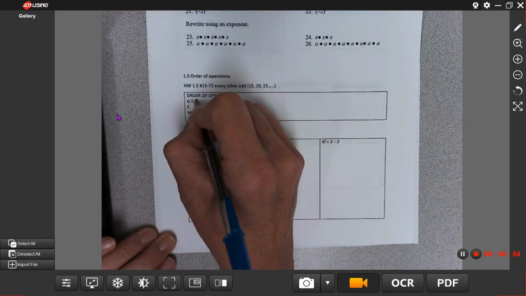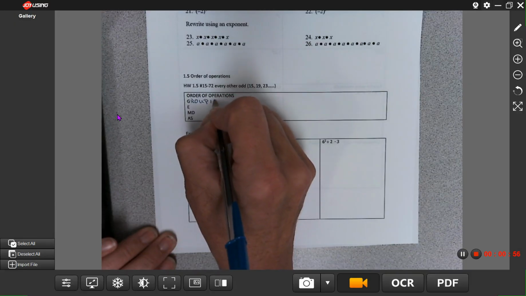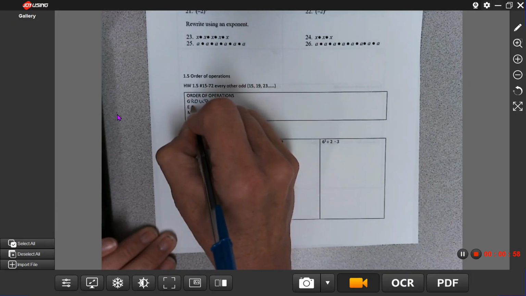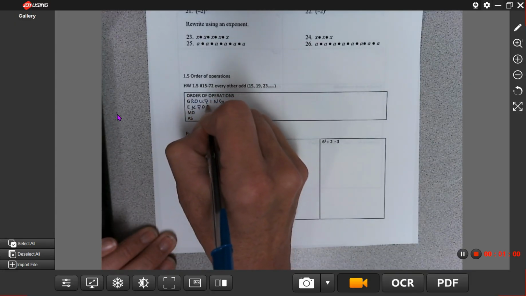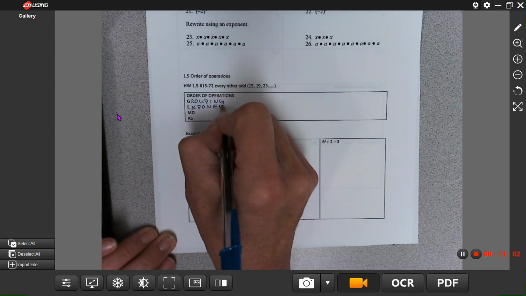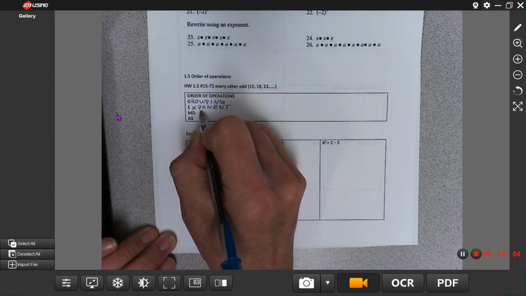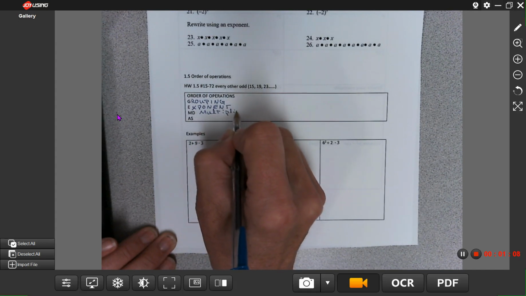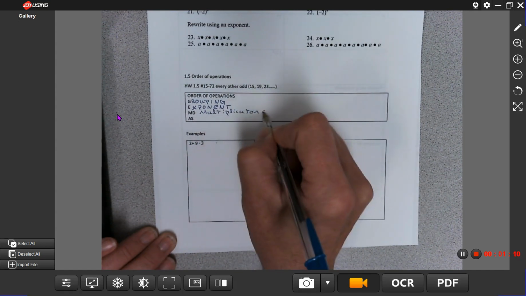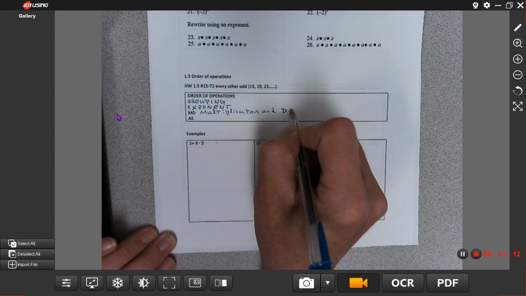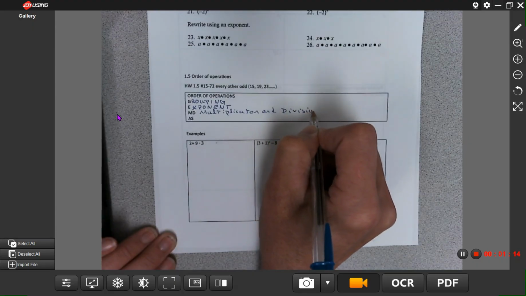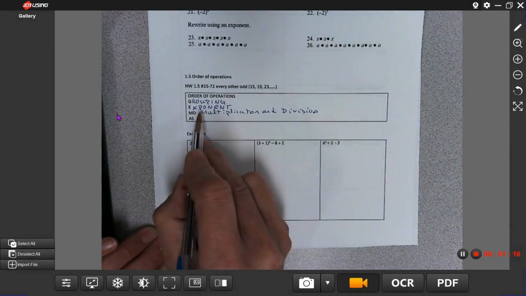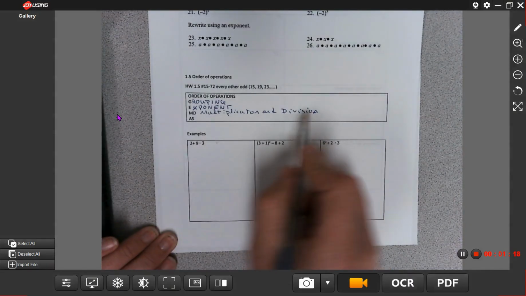So G stands for grouping. E stands for exponents. MD stands for multiplication. And the D is division. And they don't go multiplication first and then division.